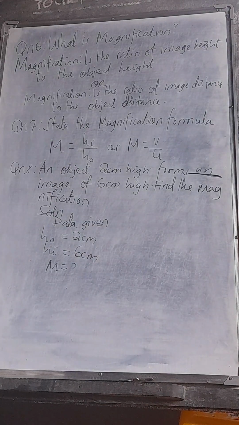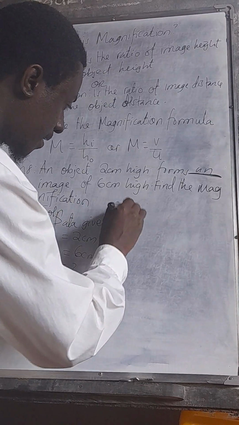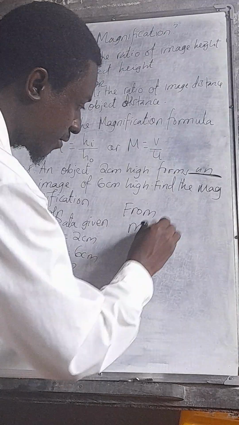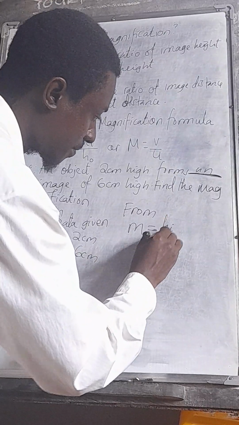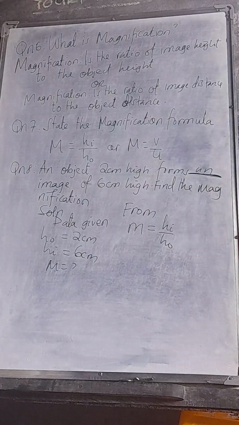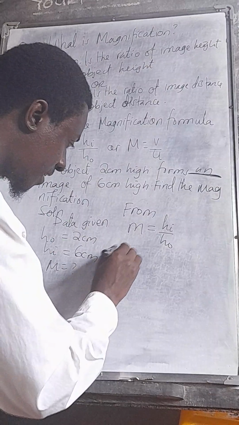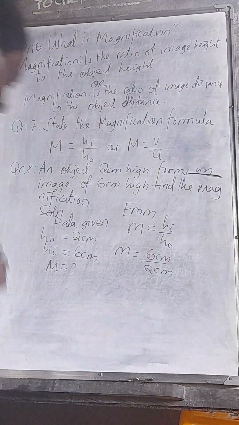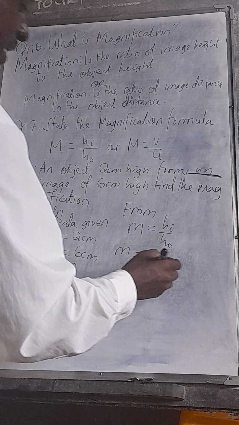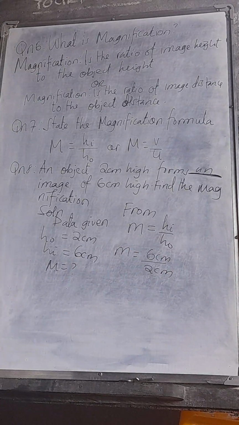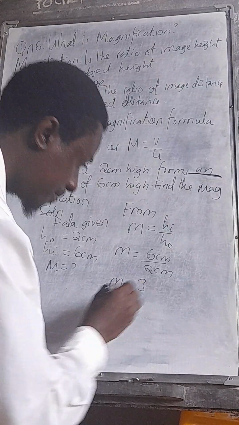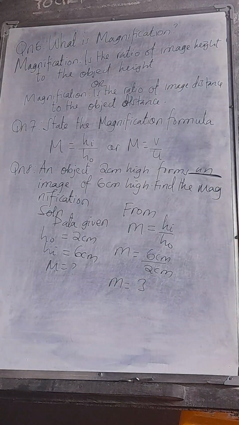So you can say magnification is equal to image height over object height. So it will be magnification is equal to 6 centimeter divided by 2 centimeter. You may see centimeter and centimeter cancel. Of course, magnification has no unit. So finally, we get magnification is equal to 3.